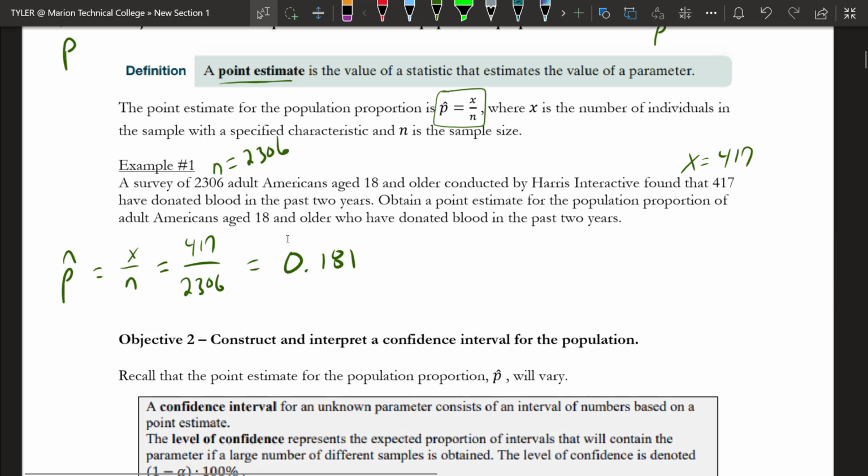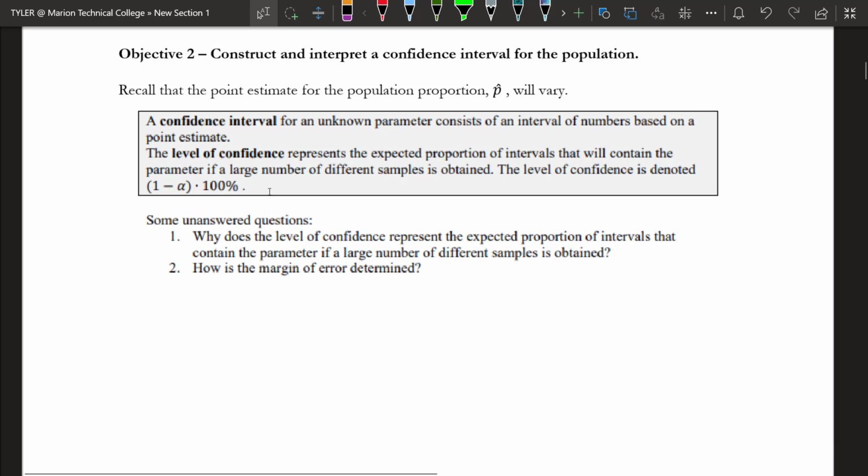So now, objective 2, we're going to start constructing and interpreting a confidence interval for the population proportion. Before we get into that, we want to think about some things. The first idea is that the point estimate for a population proportion will vary.